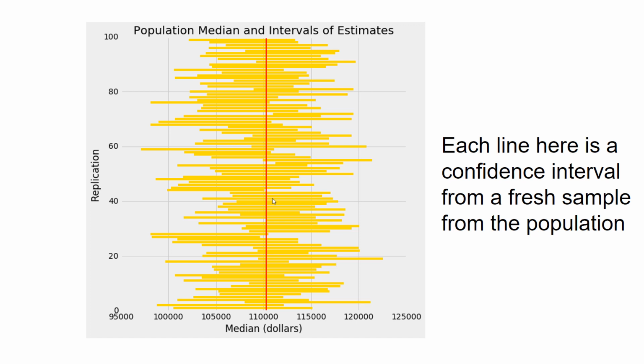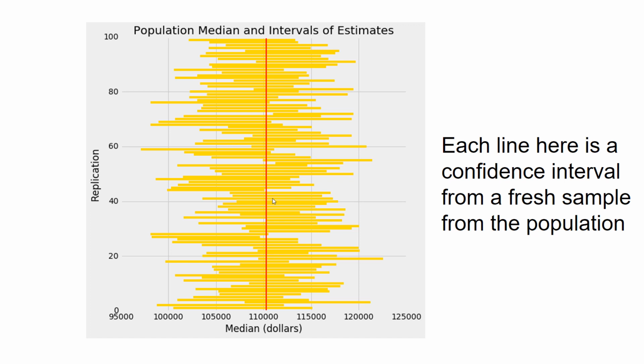So we are 95% confident that the interval includes the true value of the parameter. That's the meaning of the 95% confidence interval. Of course, we can change this number. We can say 80% confidence interval, which means that this interval will be good 80% of the time.